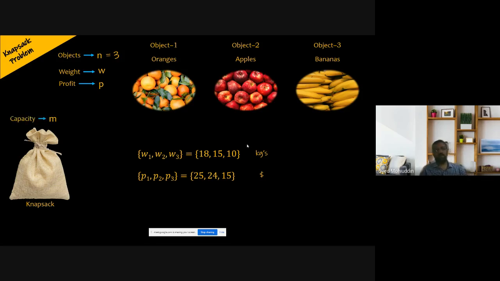Let's call this capacity M. So the objects have weights and profits, and there is a bag known as the knapsack which has a capacity M. For example, as we consider three objects, the capacity of the knapsack is 20.